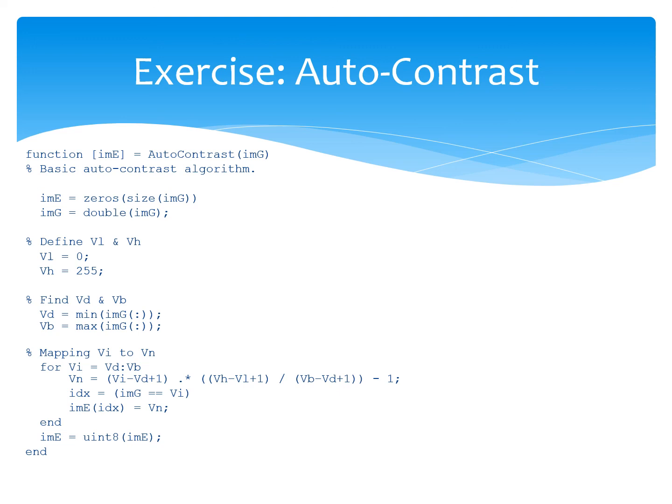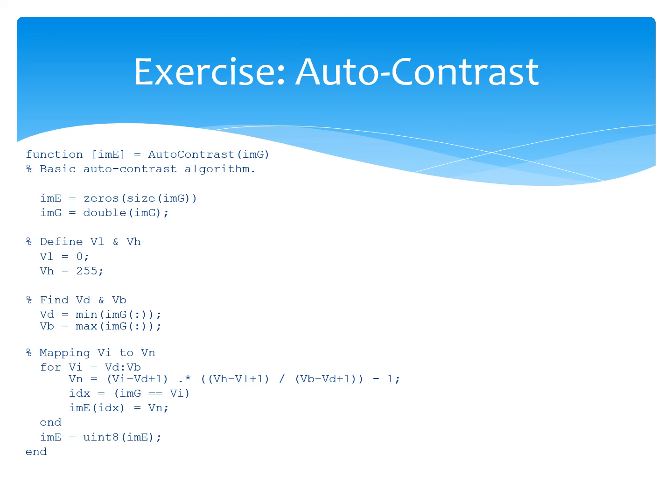Third, we need to map each pixel intensity level Vi between Vd and Vb in low contrast image IMG to Vn, which is the new pixel intensity level in the enhanced image IME. To achieve this, we can create a for loop to perform the conversion. Once Vn is obtained, we can find all pixels with the intensity value Vi in IMG, and based on the locations found, write the adjusted pixel intensity value Vn to the same locations in IME.